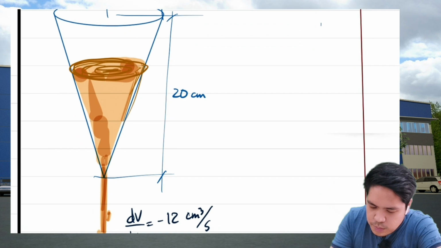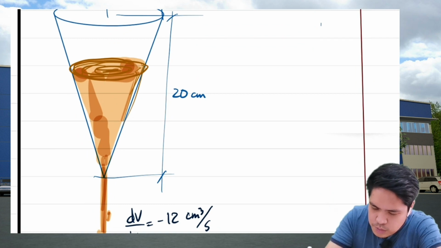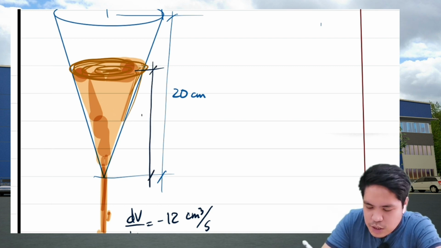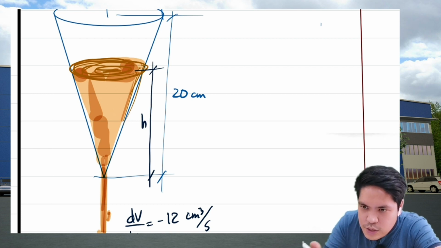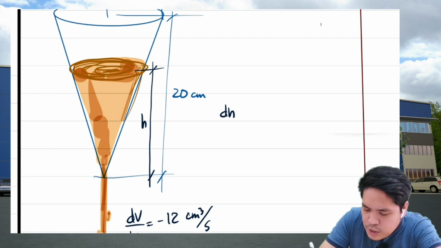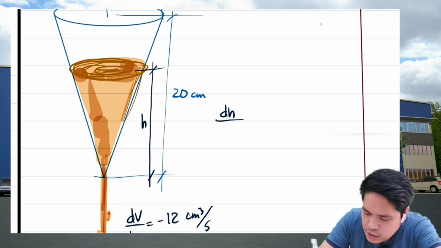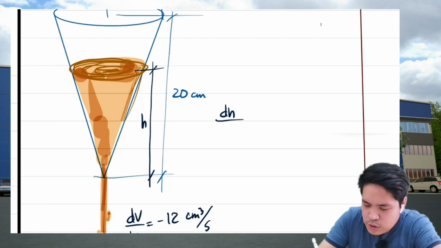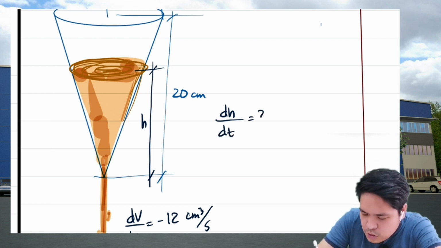Because of that, of course, by common sense, the level of the fluid inside the container is also a variable. It is decreasing. So we have h. And if it's decreasing, there's also a change in the height, or the altitude, or the elevation of the water with respect to time.